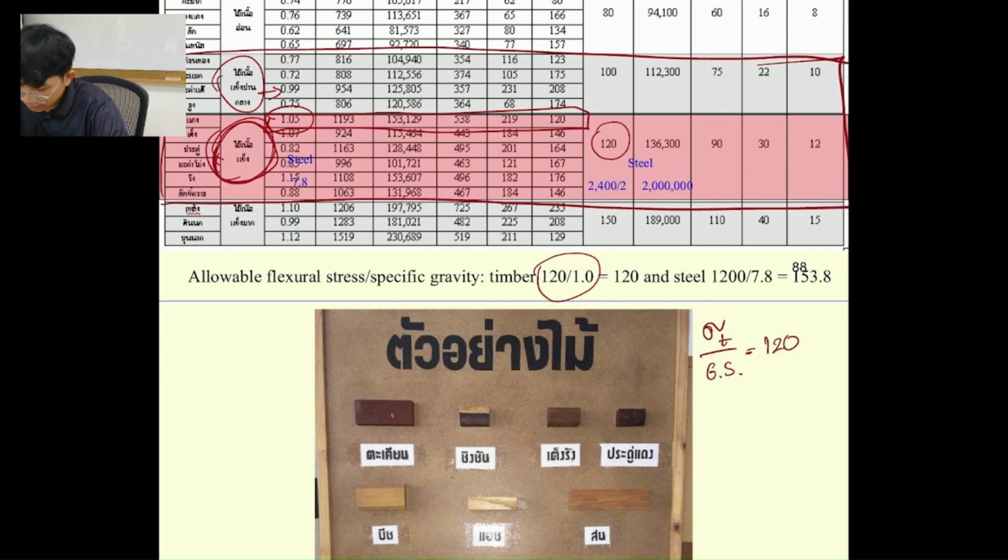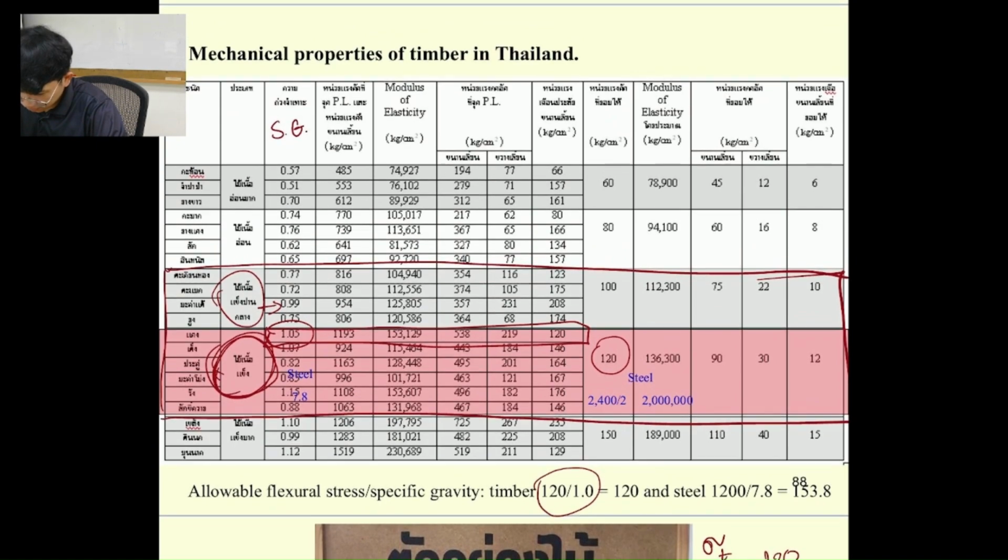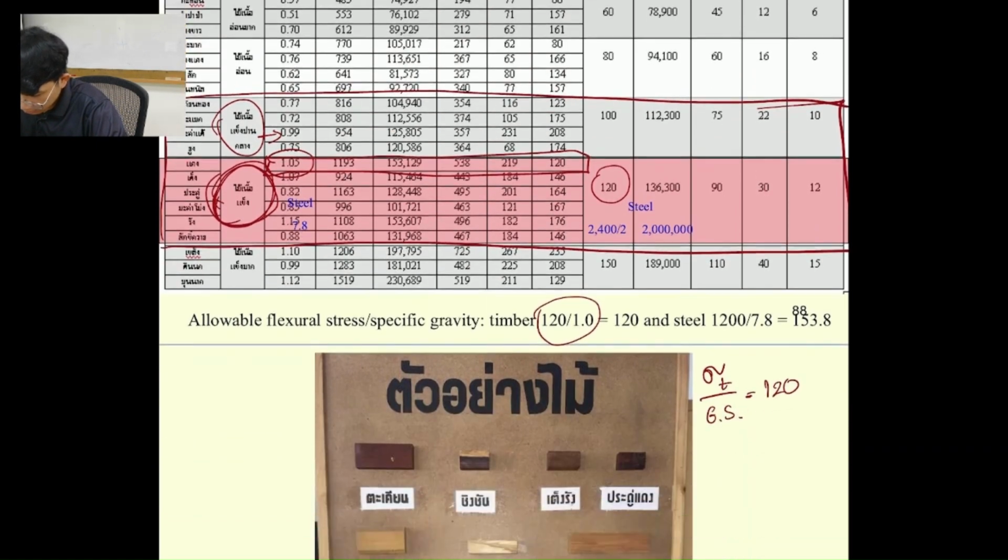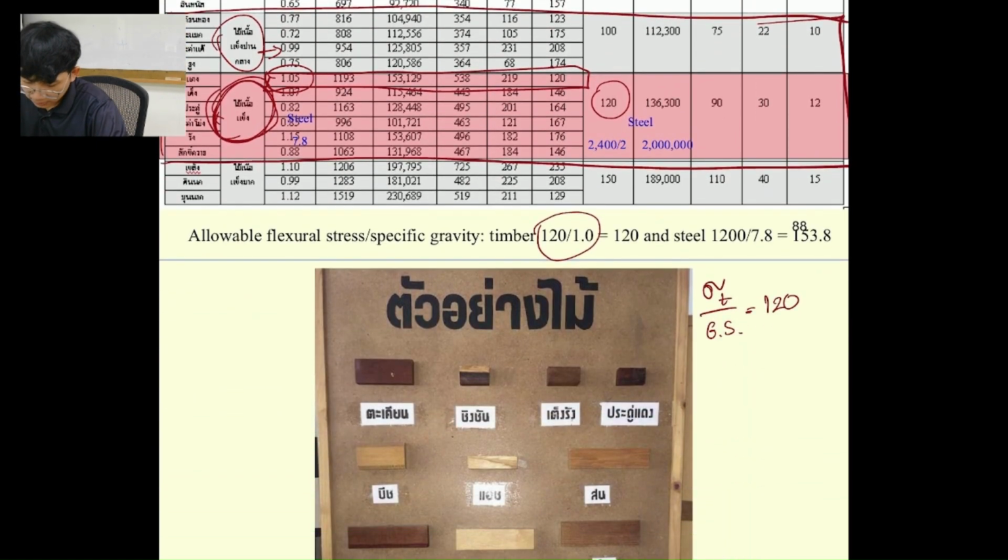This is the bending stress equal to 120, the flexural stress, divided by the specific gravity of 1, so it's going to be 120. For the steel, we also have the bending stress of steel divided by the specific gravity of steel, which is 7.8, really heavy, and it's about 153.